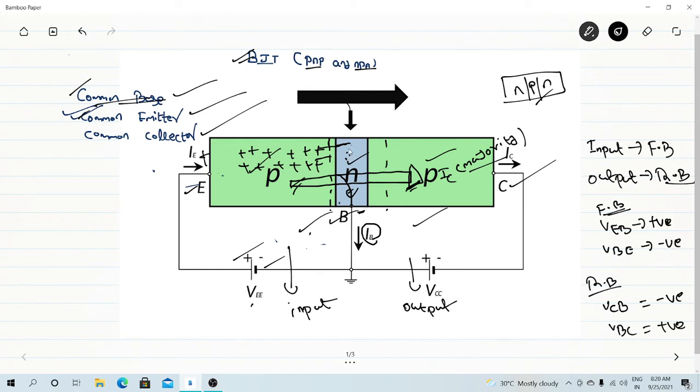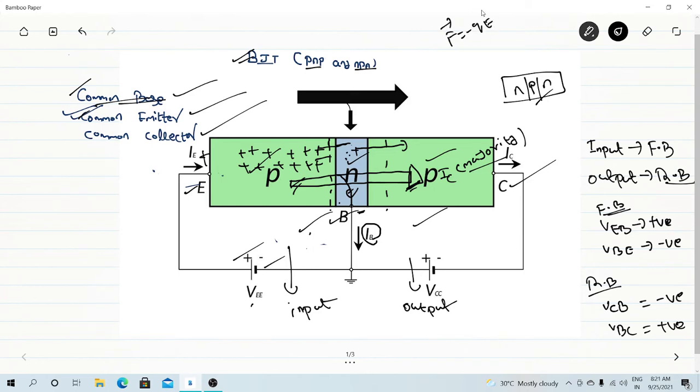That holes can also flow from this side to this side, like in this case positive or in this case electron. We are applying the field, that is minus plus, so they will go in the direction of the field. Positive charge goes in the direction of the field, negative charge goes in the opposite direction, because force will be minus QE. That means whatever force they experience is in the opposite direction of the field.